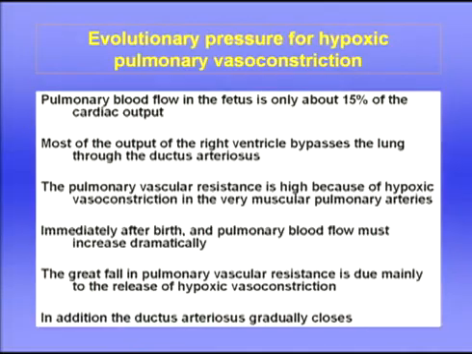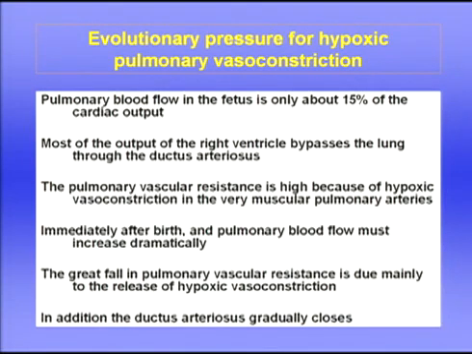And because the lung has a very high pulmonary vascular resistance, most of the blood flow bypasses the lung. What's the cause of the very high pulmonary vascular resistance in the fetus? Well, it's mainly because of hypoxic constriction of the very muscular pulmonary arteries.